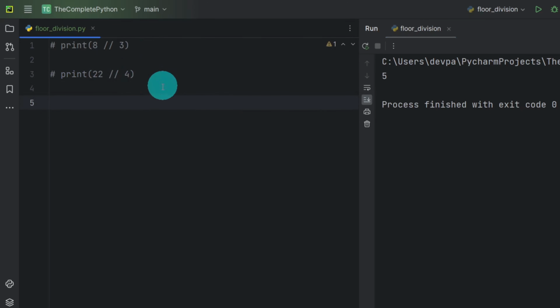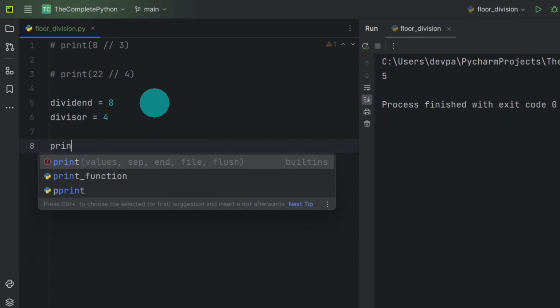Here we are performing floor division operation with numbers. What we can also do is we can create some variables, assign some value to them and perform floor division operation with these variables. So I will create two variables. Suppose dividend, it is storing 8 and divisor, it is storing 4.